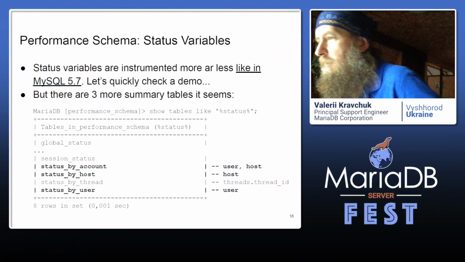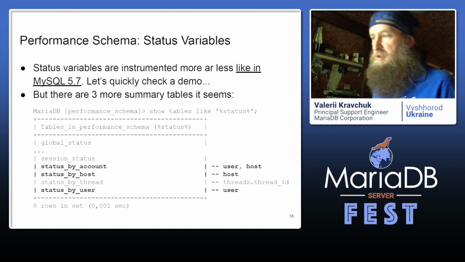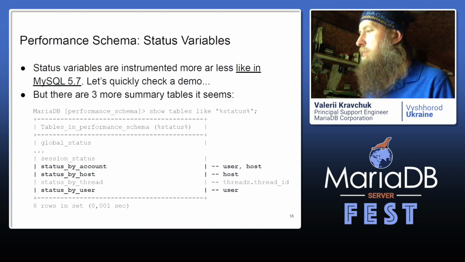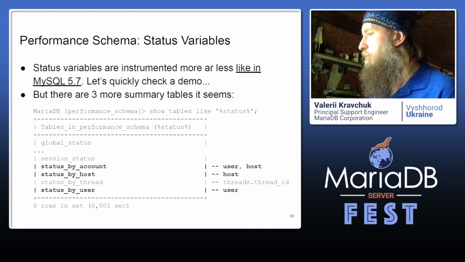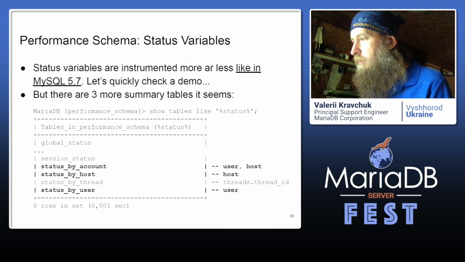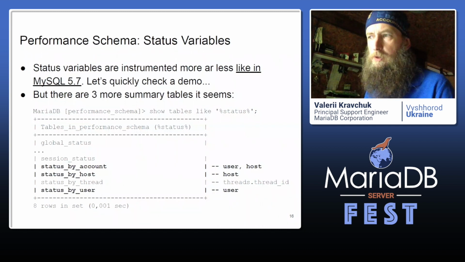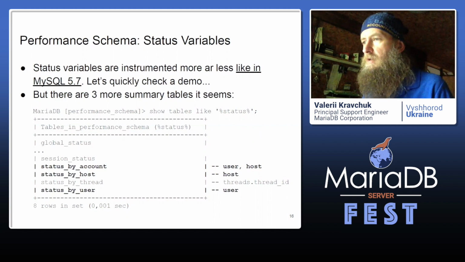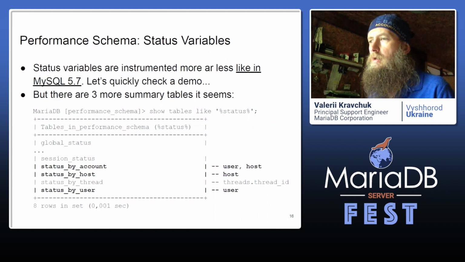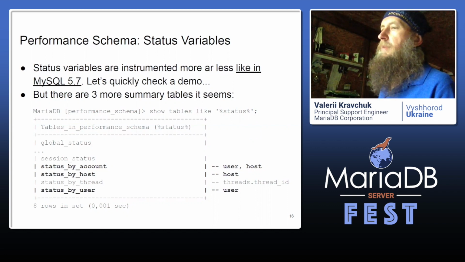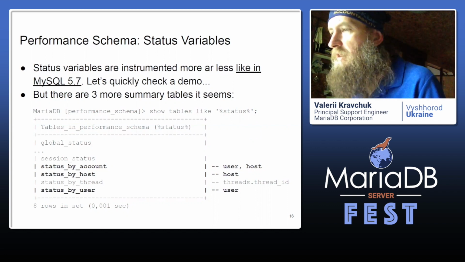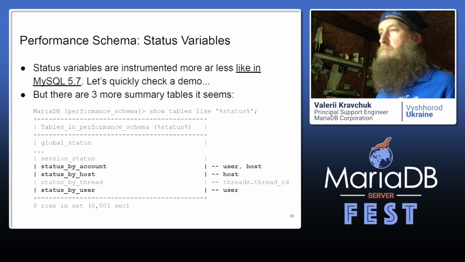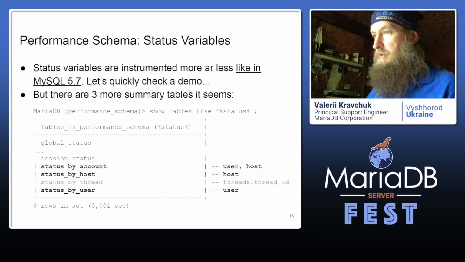Now status variables. It's the same that you can see with show global status, but when they are presented in a relational table, you can apply all the power of SQL at the server side, not in your applications. Several tables were added, 8 in total. 3 of them are more or less unique to MariaDB. So we have performance schema global status with current global status.